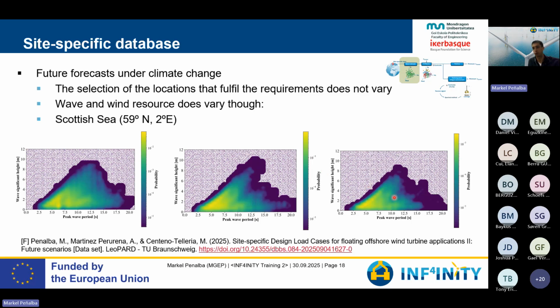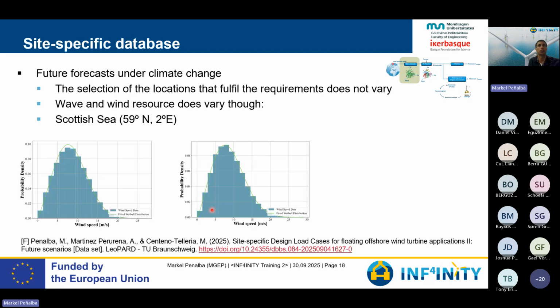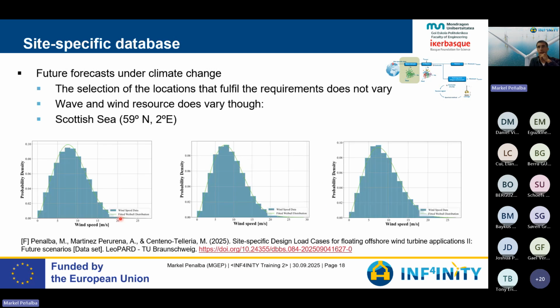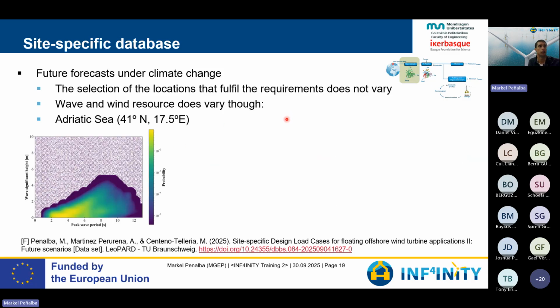And that's what you see here in the baseline, 2050 and 2100. And same thing for the wind speed. You see the tails increasing a little bit towards the higher wind speed values, but the peak of the distribution is moving a little bit towards the left. Same thing happens in the Adriatic Sea.